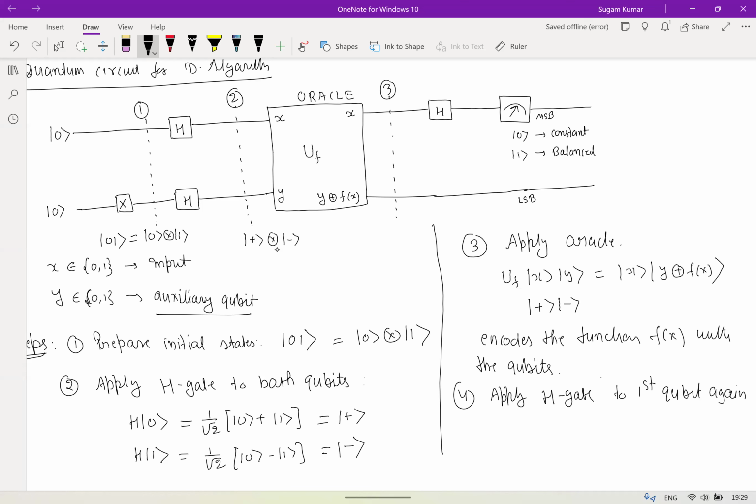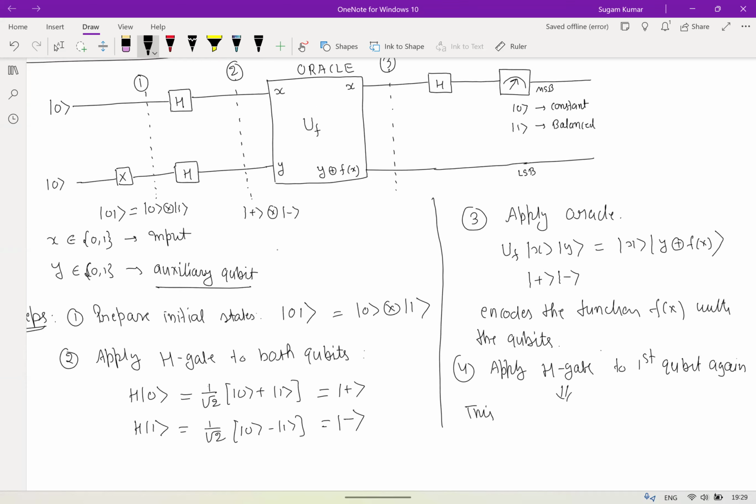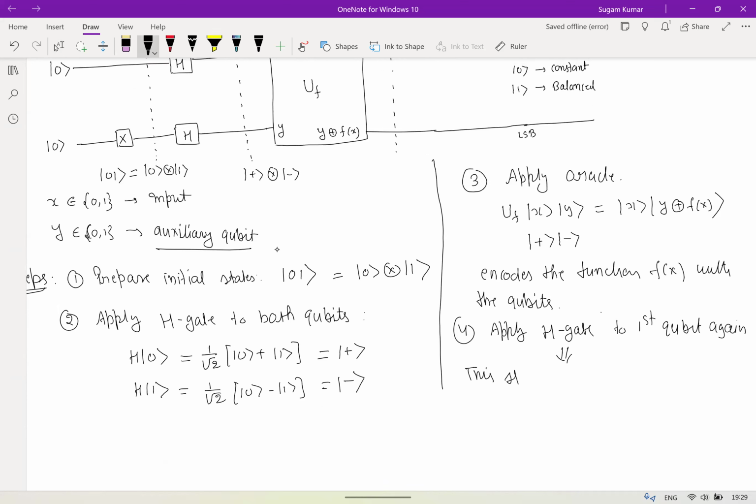And this is a very important step, because this step actually causes interference. What kind of interference it will be is completely based on the function f(x).